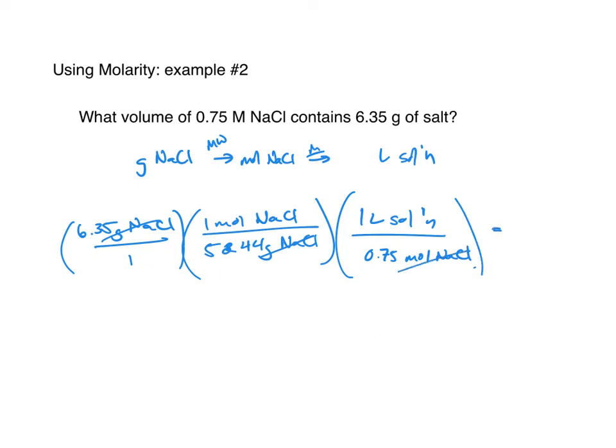So the moles of NaCl cancel out, and I'm left in liters of solution, which is the unit I want. So I would just take 6.35 divided by 58.44 and divide that by 0.75. Significant figures wise, I need 2, so 0.14 liters of solution.